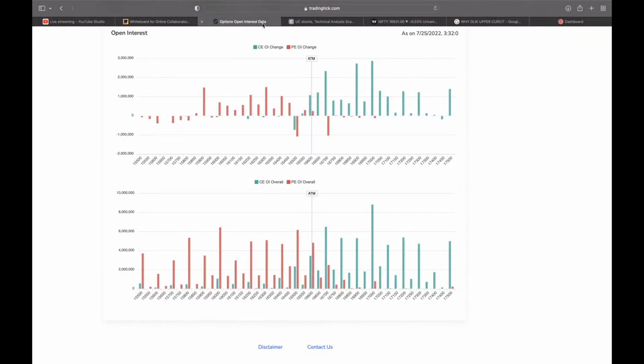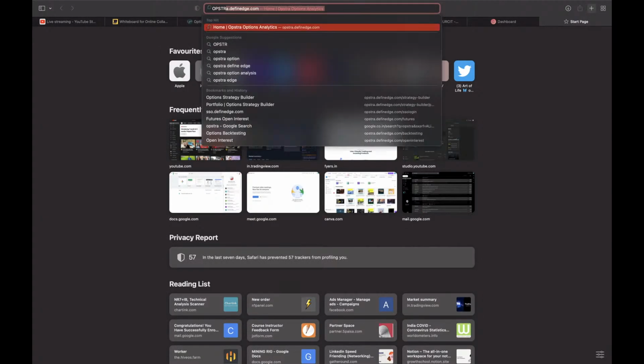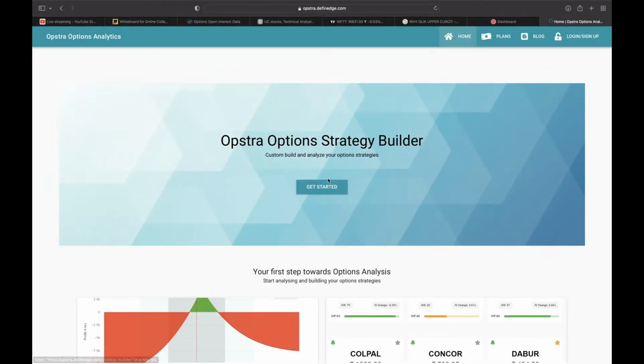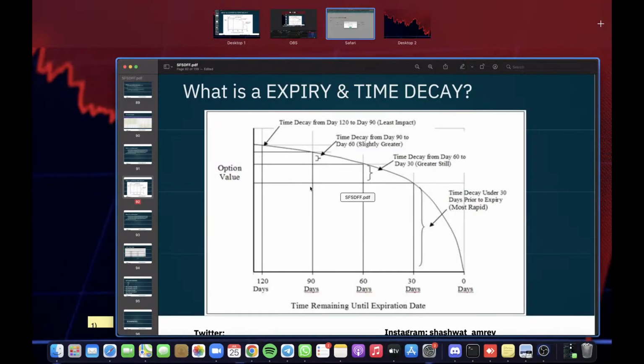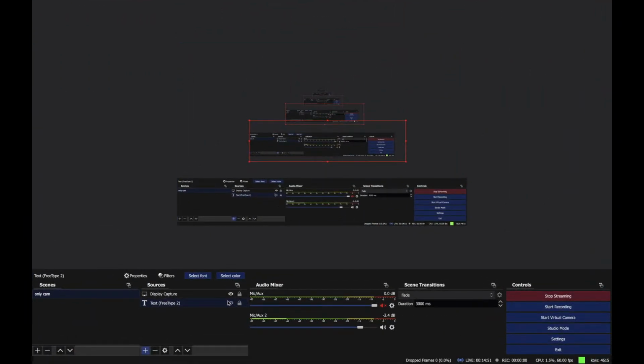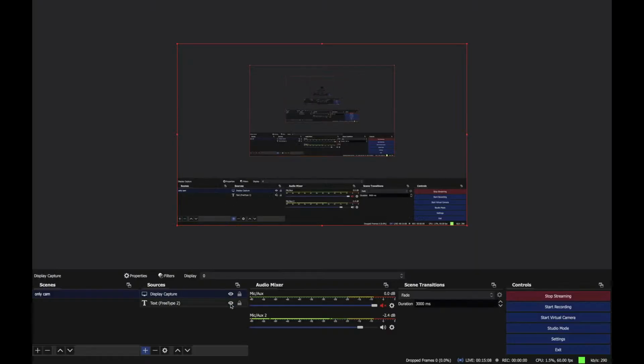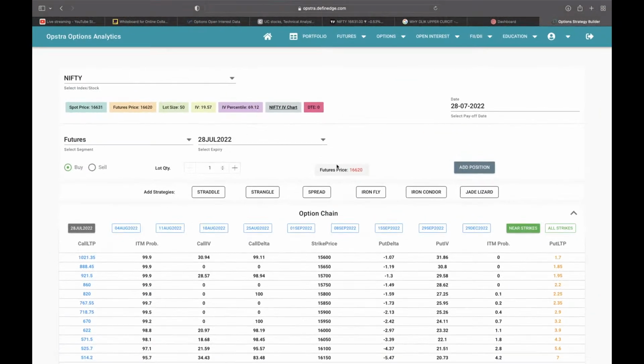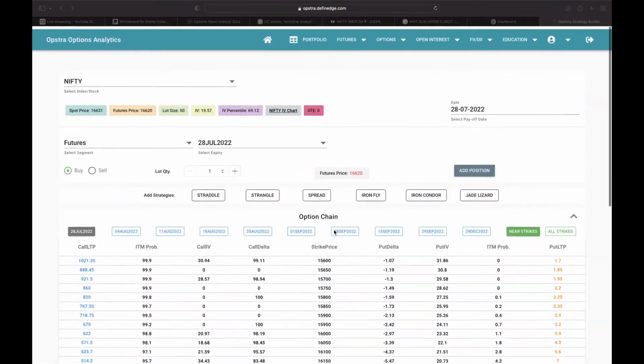Let me show you. For example, let's just open Opstra. I'll just log in. Give me 1 second. Okay, check this out, guys. Can you see the graph over here?